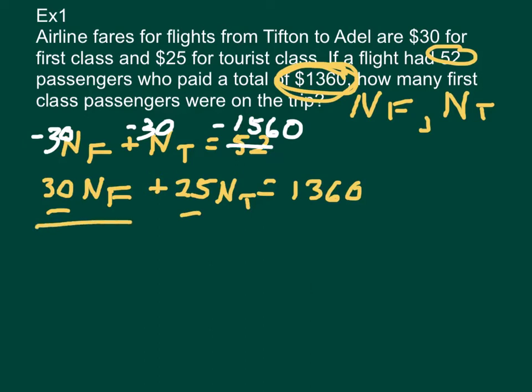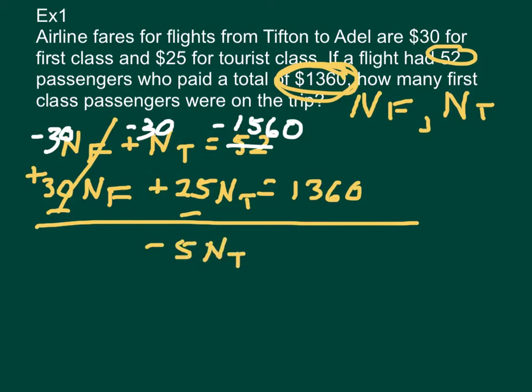All right, now let's add the columns together. So a negative 30 plus 30, they cancel. What's a negative 30 plus 25? And I have a negative 5 NT equals, what's a negative 1,560 plus 1,360?